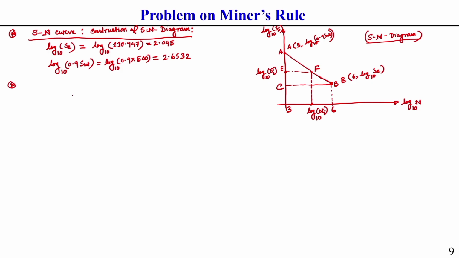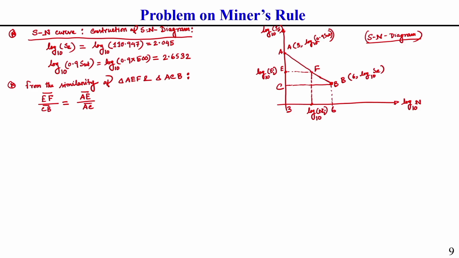First of all, from the similarity of two triangles, triangle AEF and triangle ACB, what can we write? EF divided by CB is equal to AE divided by AC.